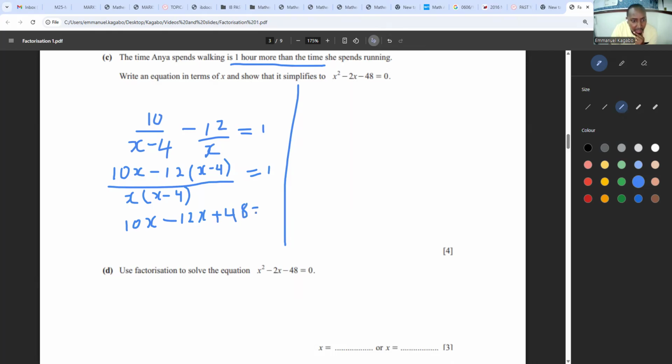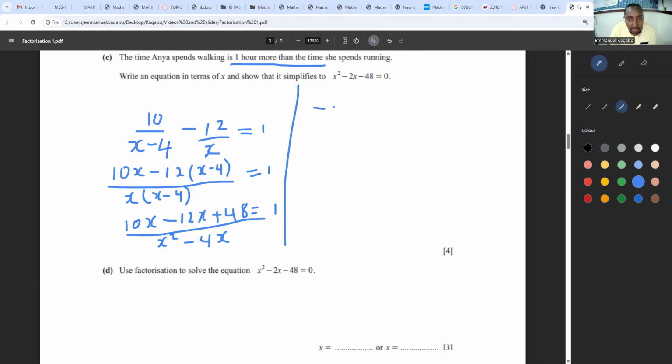Can I cross multiply very fast? Okay, let me write it. I'll cross multiply on the next line. So I'm going to have x squared minus 4x, okay? Now, what do I get? Can I cross multiply and collect like terms?